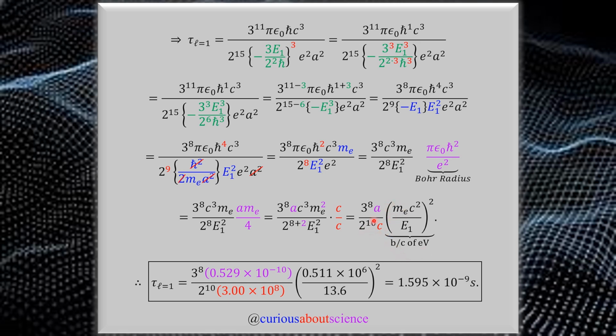So by formatting and putting all this in there, all we really have is 3 to the 8th times a over 2 to the 10th times c with this unit conversion of electron volts. So E1 is 13.6 eV, but this mass speed of light equivalence brings us to 0.51 times 10 to the 6th. That helps us a lot in our unit conversion.